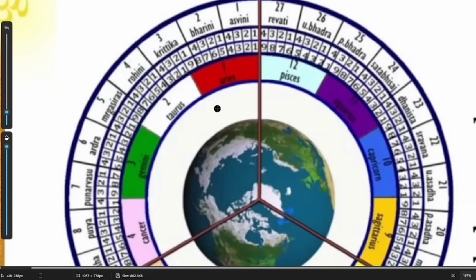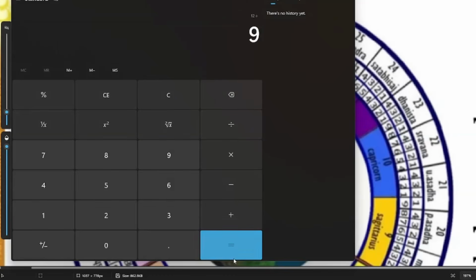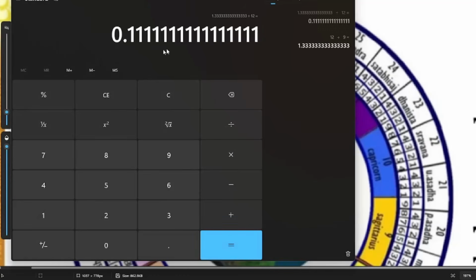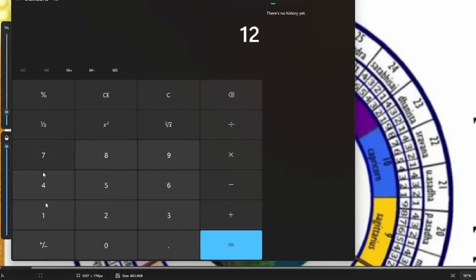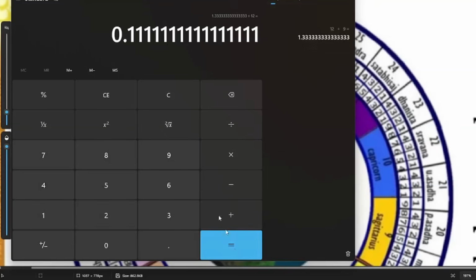I had told you before about the calculation: 12 divided by 9 divided by 12 is basically a single unit. 12 signs, which are 4 times 3, divided by 9, is that divided by 12.